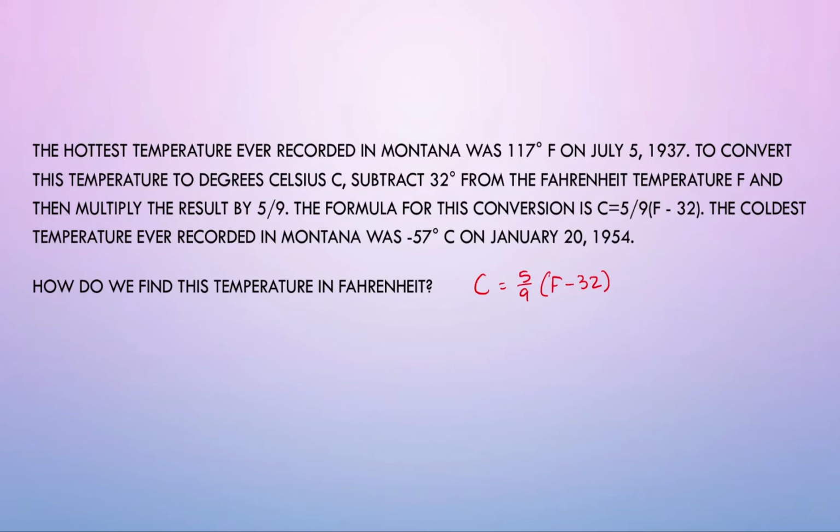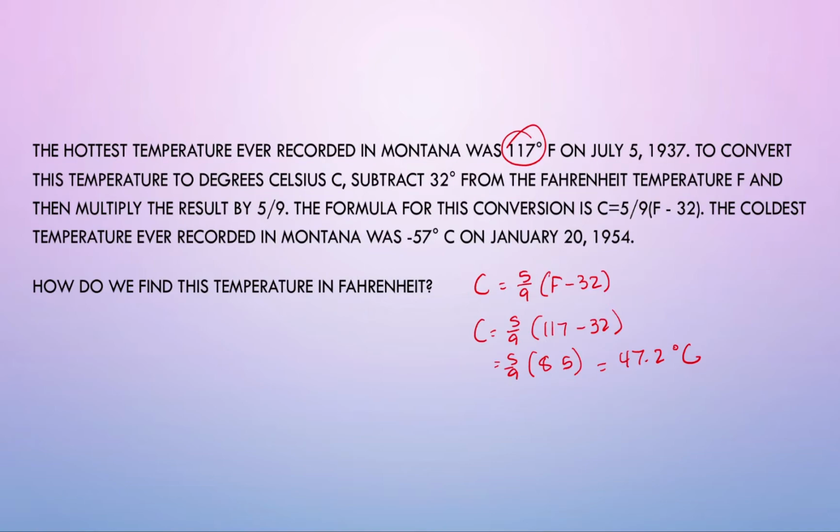If we know the temperature in Fahrenheit, and we want to find the Celsius temperature that corresponds to 117 degrees Fahrenheit, we would just plug that in for F and solve. 117 minus 32 is going to be 85. So 5/9 of 85 is 47.22 degrees Celsius.